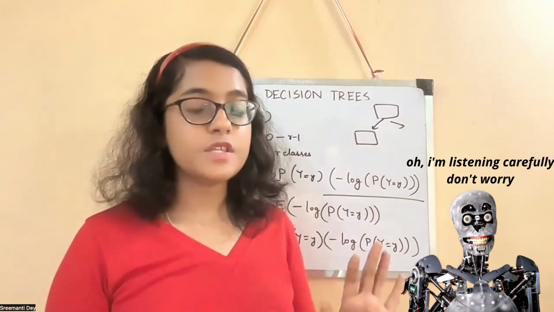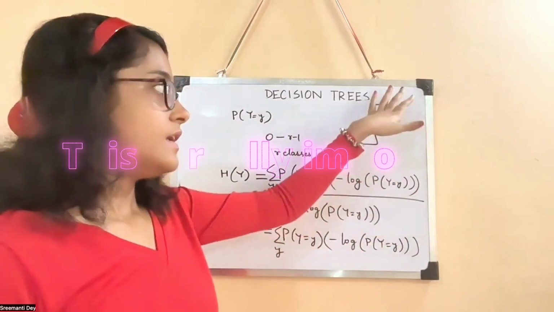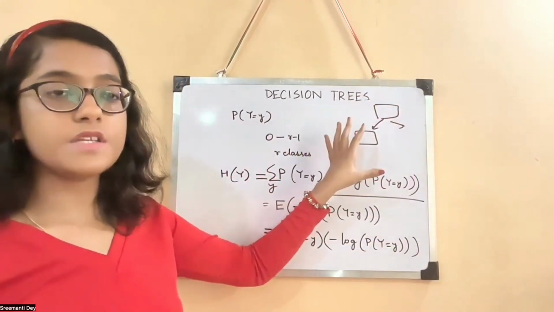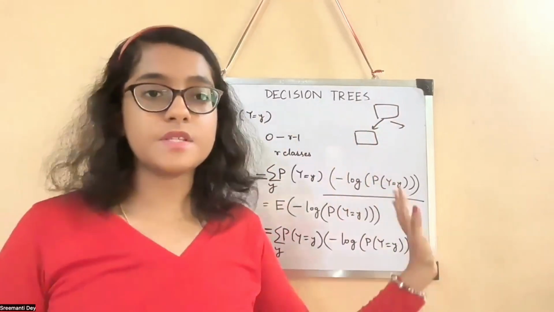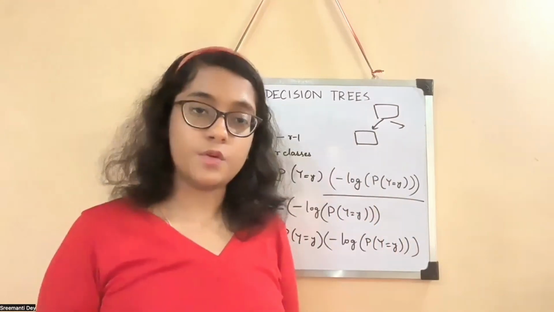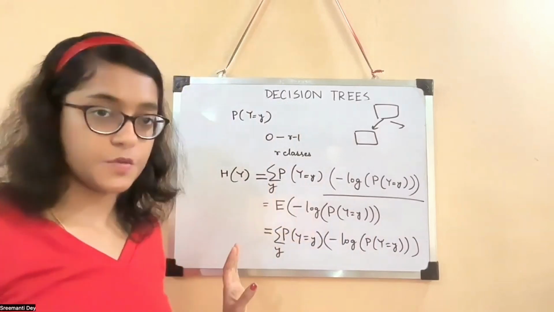Then we know for certain that whenever this attribute is satisfied and we come to this node, this node is going to be of that class with 100% certainty. 100% certainty means this set has entropy 0. Remember this. So basically what we want here is to minimize this entropy.